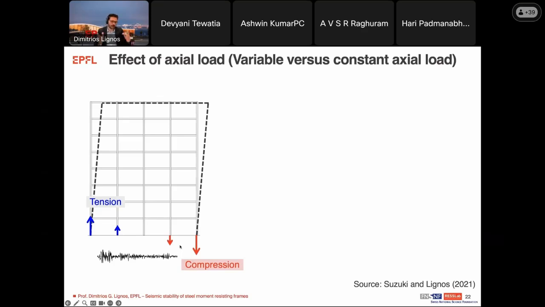And because the phenomenon is cyclic, you have dynamic overturning effects where the column in compression will eventually become a column in tension. Whereas the one here in the middle would experience more of a constant axial load compared to the others.